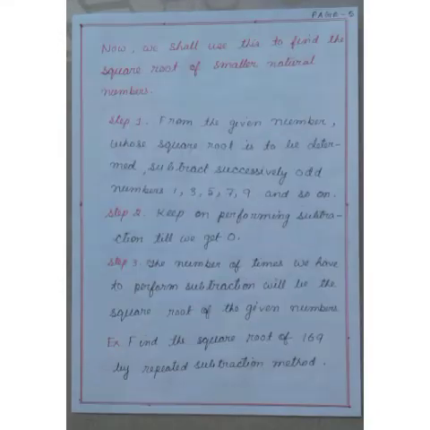Now we shall use this to find the square root of smaller natural numbers. We don't use this method to find the square root of bigger numbers. Step 1. From the given number whose square root is to be determined, subtract successively the odd numbers 1, 3, 5, 7, 9 and so on.